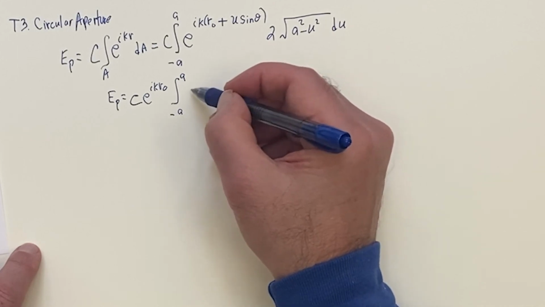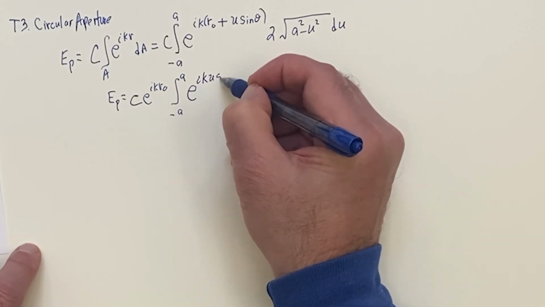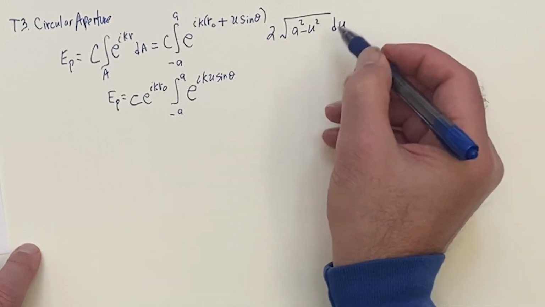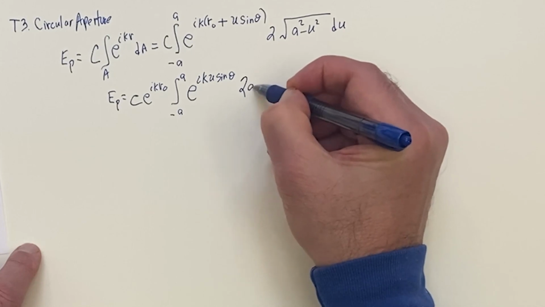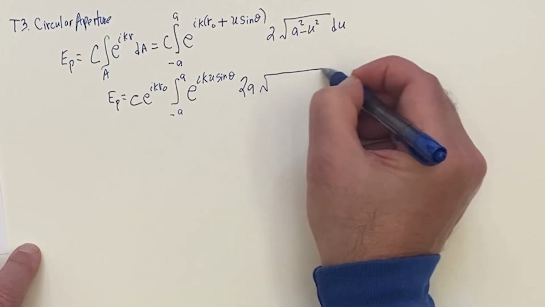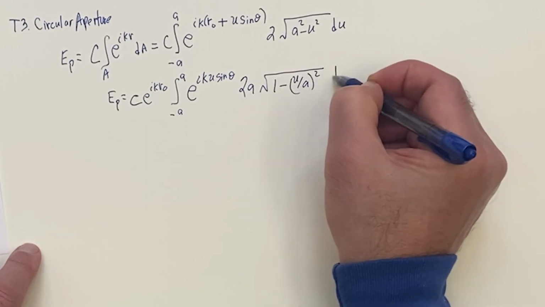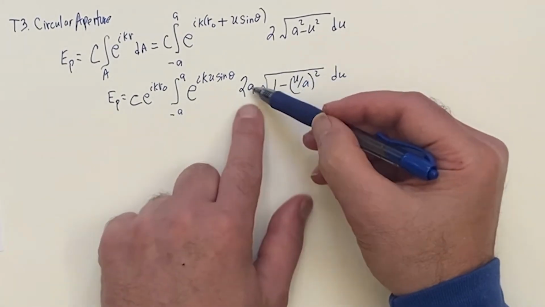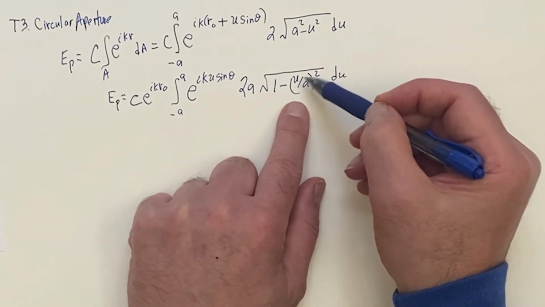Let's do that. So we'll have here e to the i k u sine of theta. And if I pull out an A with that 2, then I'm going to have the square root of 1 minus u over A, that quantity squared. All right, so put the A back in, it goes in as A squared, you get this, and then the A squares cancel, you get u squared.